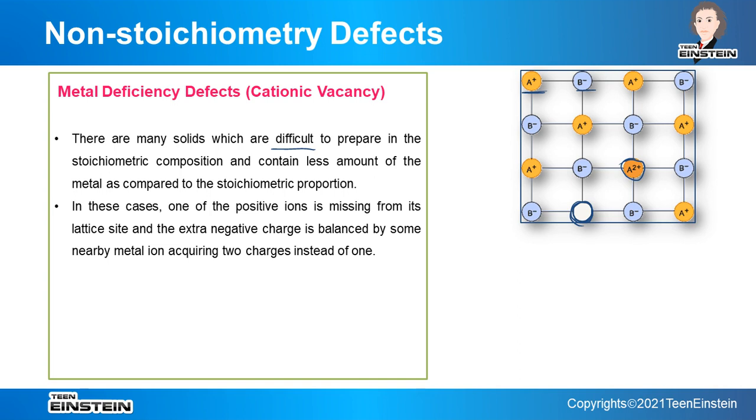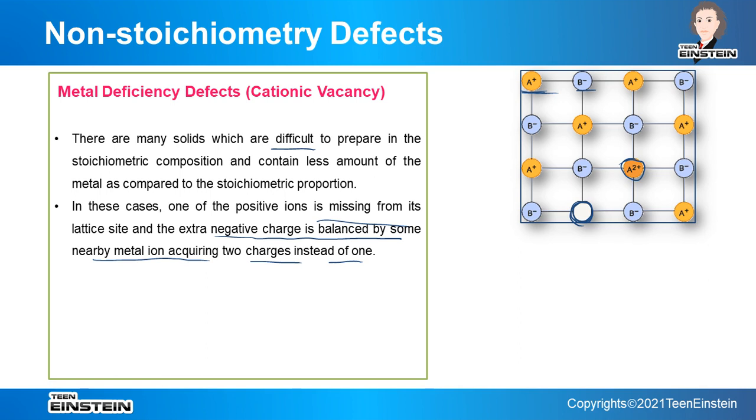In this case, one positive ion is missing from its lattice site. The extra negative charge is balanced by some nearby metal ion acquiring 2 charges instead of 1. So here our cation is carrying a single positive charge. So when a single positive charge is missing, another single positive charge must be converted to a dipositive charge.